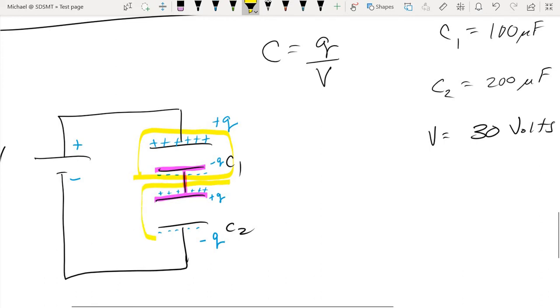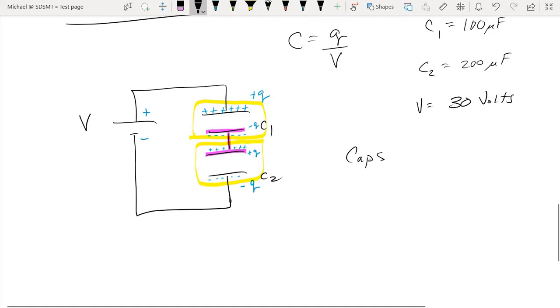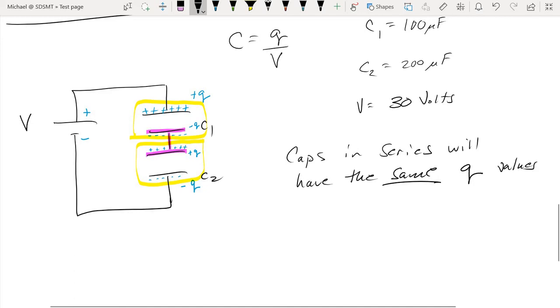And at the same time, the charge values on the plates of the second capacitor are also positive and negative Q. And so what this means for us is that capacitors, I'm going to write caps for short, capacitors in series will have the same charge values. Capacitor 1 is holding a charge magnitude of Q. Capacitor 2 is holding a charge magnitude of the same Q value.